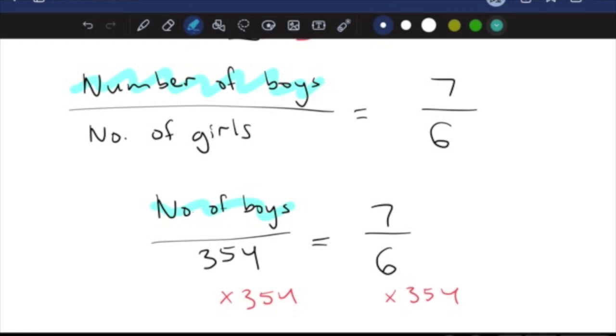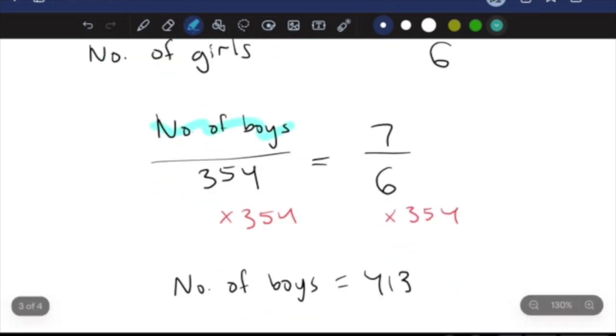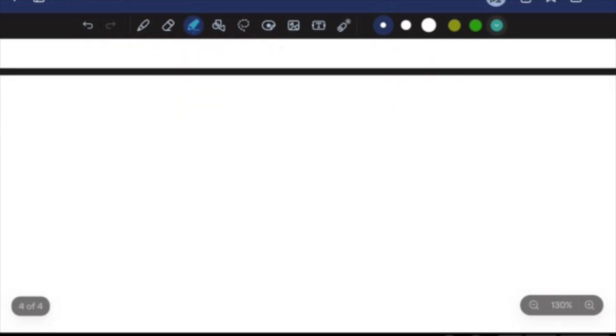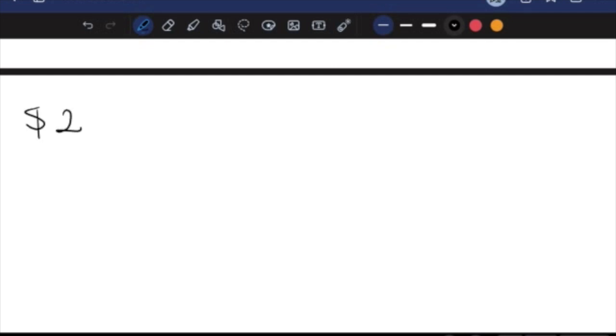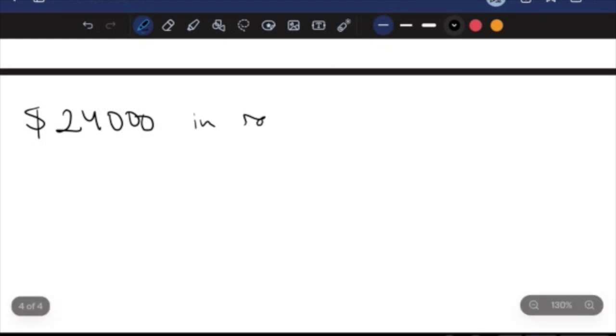Okay, one more question here. We are looking at dividing a quantity in a given ratio. So let's consider this question. We're dividing an inheritance, 24,000, between two people in the ratio of 2 to 3, and we want to decide how much each person will receive.